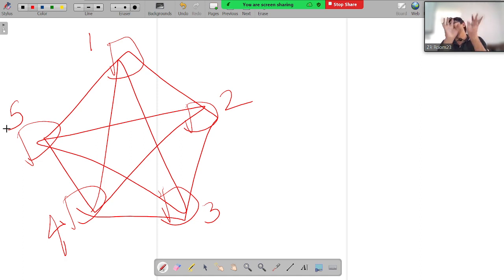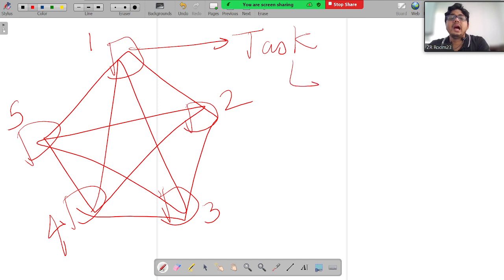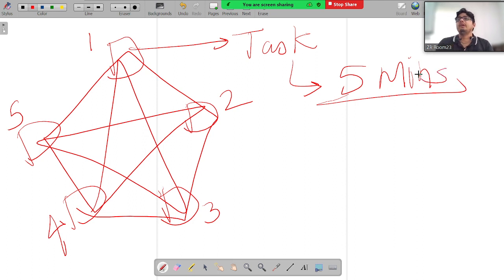Now listen, a very small example I am telling. Now I want to run a task on computer number 1, but the task requires, for example, 5 minutes to complete. How much time? 5 minutes. What I can do, if computers number 2, 3, 4, 5 are freely available, I can use those CPUs.